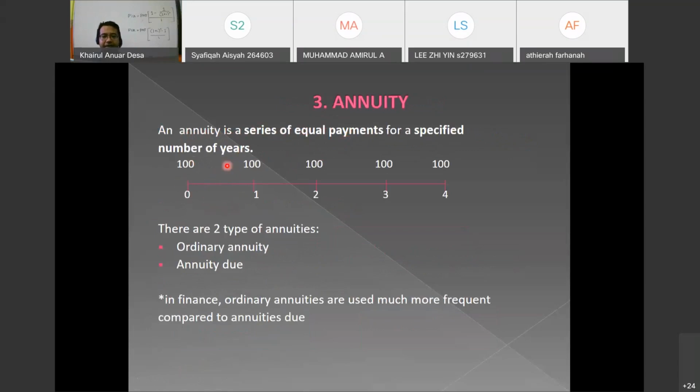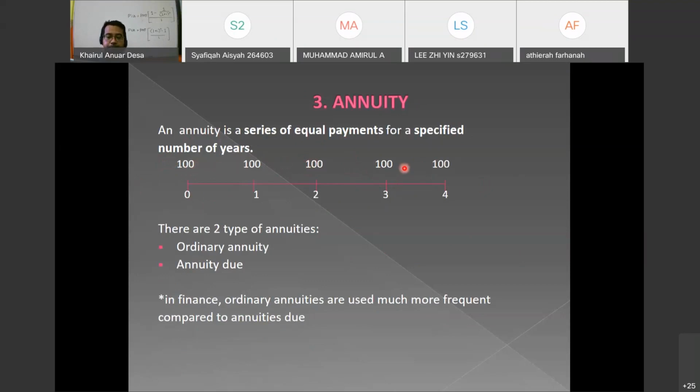So you can see here the equal payment occurs during the period given. Here 100, 100, 100, 100, 100. So the equal amount here is the 100, and it's repeated. That's why we call it a series.